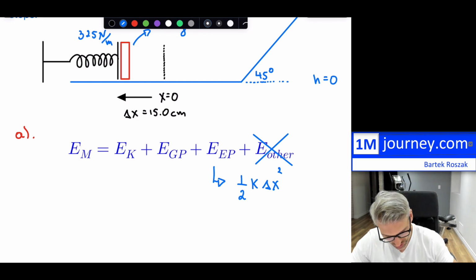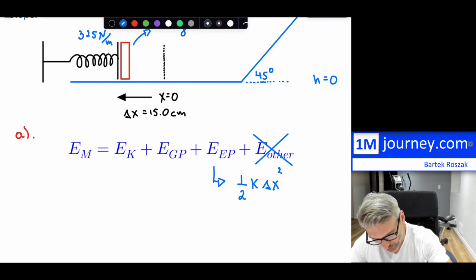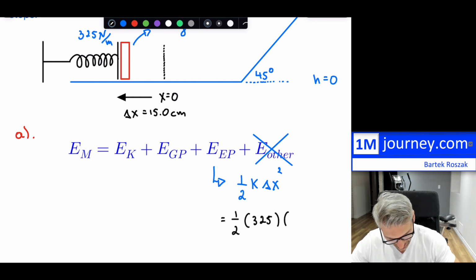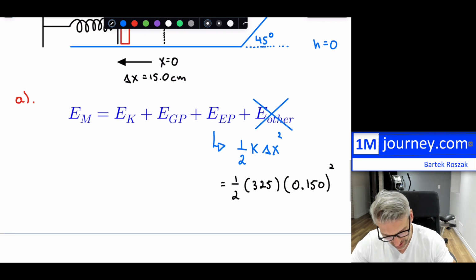All right, so now next. What we have in here is all given, so it's 1/2 times 325. And our compression, I have to be careful here, I'm going to change it back into meters to make it metric standard, and then you'll see that it's not going to be that much energy.